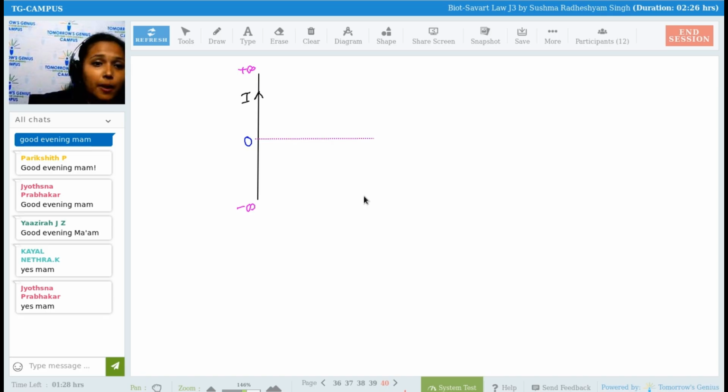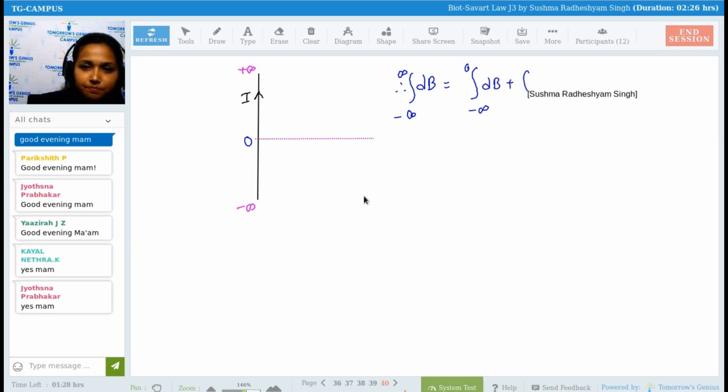So instead of finding the complete length, dB from minus infinity to infinity is nothing but dB from minus infinity to 0 plus dB from 0 to infinity. Now these two are the same: 0 to infinity dB plus 0 to infinity dB.